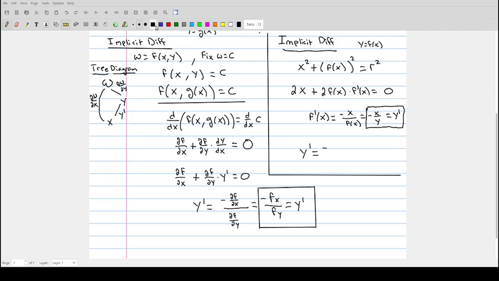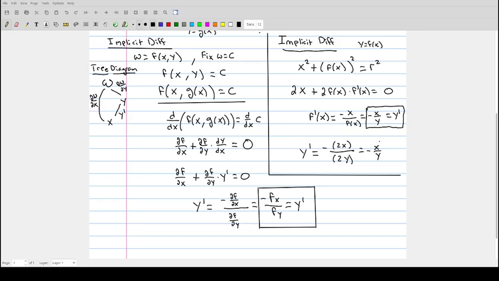Because if you look at this from the formula's perspective, the formula that we've derived for any level curve, this should be negative fx, which is the x partial derivative of our function f. That's going to be 2x over fy, which is the y partial derivative, which is negative x over y.